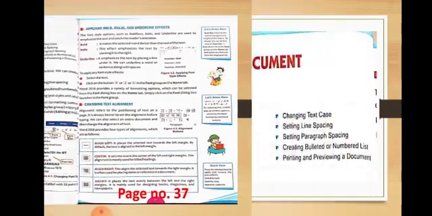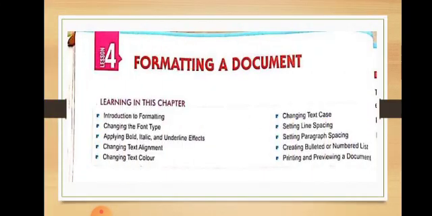Dear children, in this chapter number 4, we will be learning about how to format a document. In this, I will give you a brief introduction to formatting. After that, we will be learning about changing the font type and how to apply the bold, italics and underline effect.